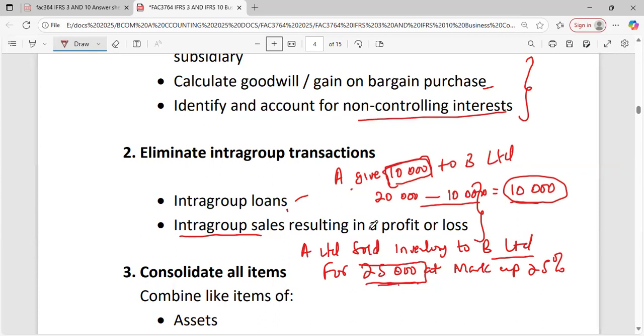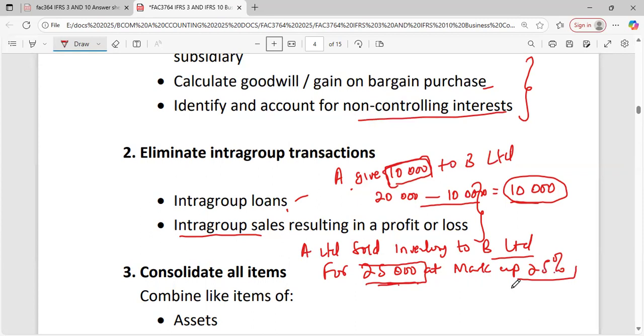As long as an intra-group inventory transaction is still within a member of the group, the profit on that inventory is eliminated at consolidation. So here we have to eliminate the 25%.